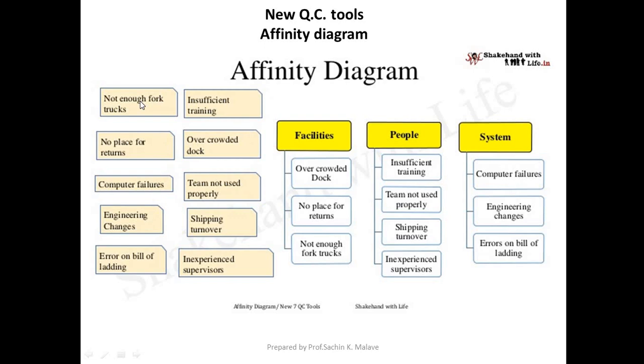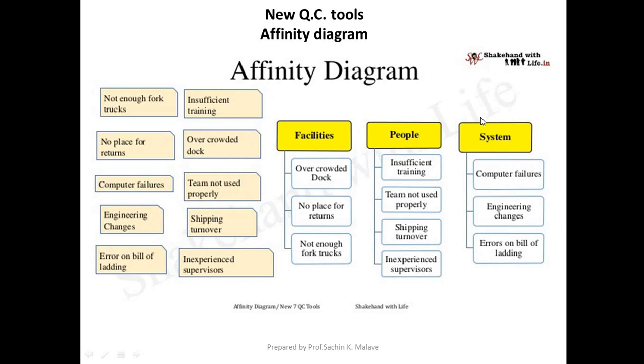But these groups should be based on their natural relationships, so that some kind of interpretation or decision can be taken, and some kind of information can be obtained through this data.